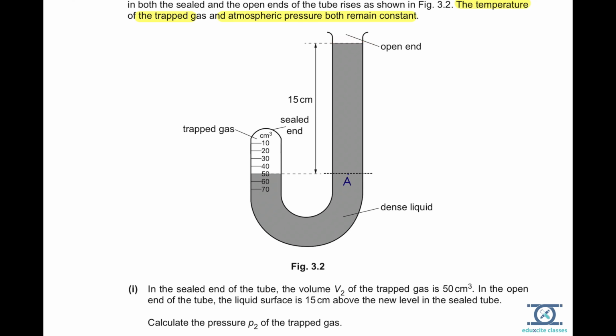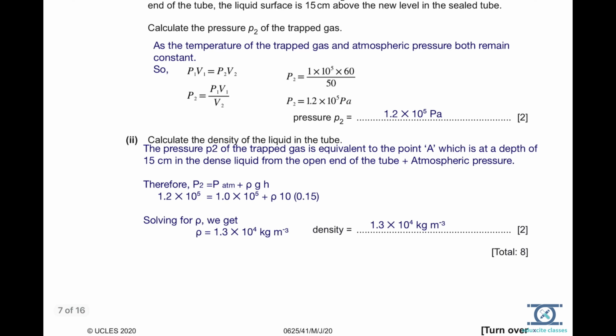So the pressure at this point will be equal to the pressure at A, that is, the pressure of the trapped gas P2 will be equal to the pressure at point A. And we know that the pressure at point A is nothing but the atmospheric pressure plus rho g h, that is the pressure due to the dense liquid, where rho is the density of the liquid in the tube.